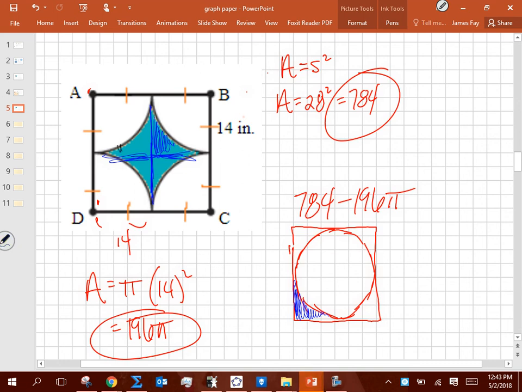And then that region is that one? All right, so is it the same problem? It's just that that blue region is reorganized? Yep. All right, or the white regions are reorganized. So you would do the same thing. You would find the area of the square, remove from it the area of the circle, and that gives you the region that I'm interested in.